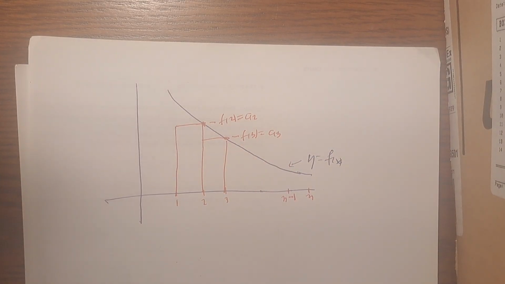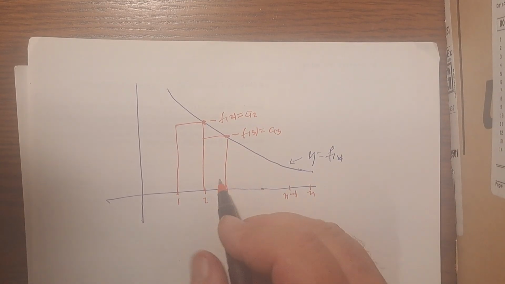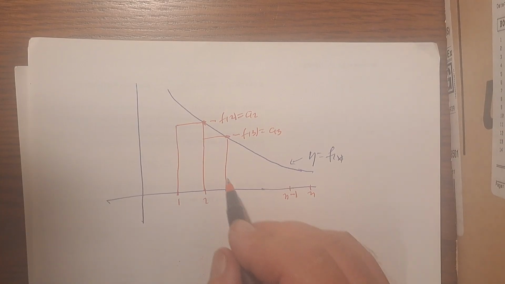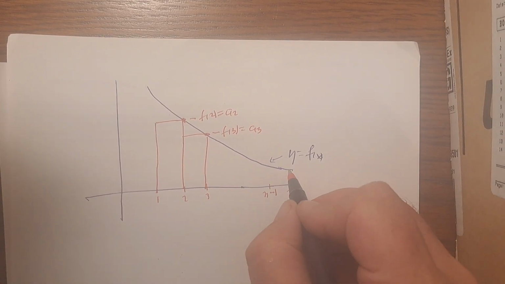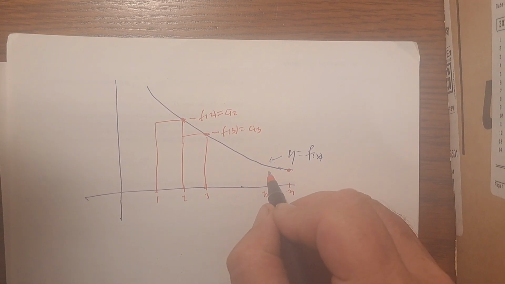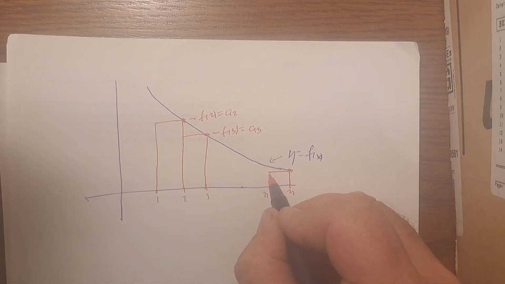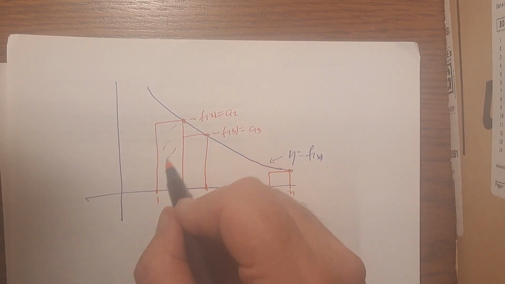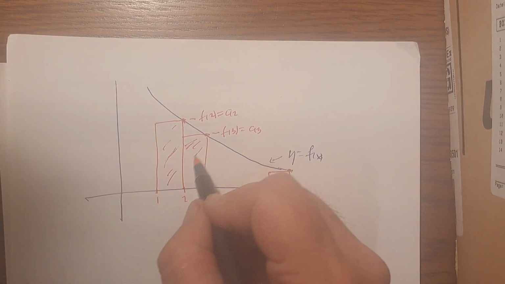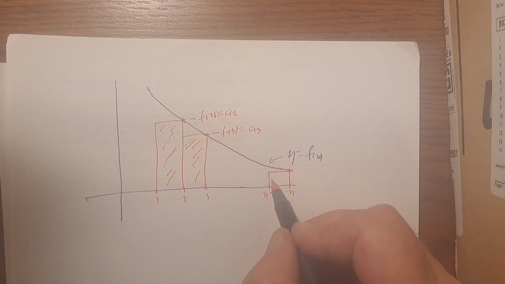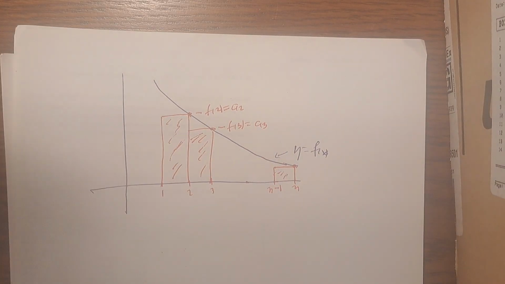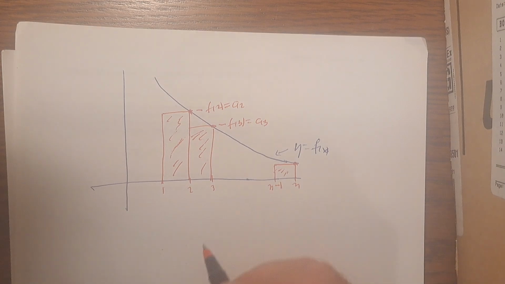And we're sticking right-hand endpoints in now, so when you get down to the last interval, you make that rectangle. This time all the rectangles lie below the curve, so the area under the curve is greater than or equal to the area of the rectangles.